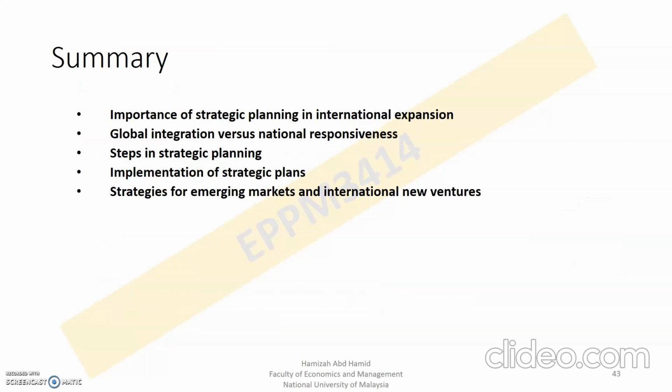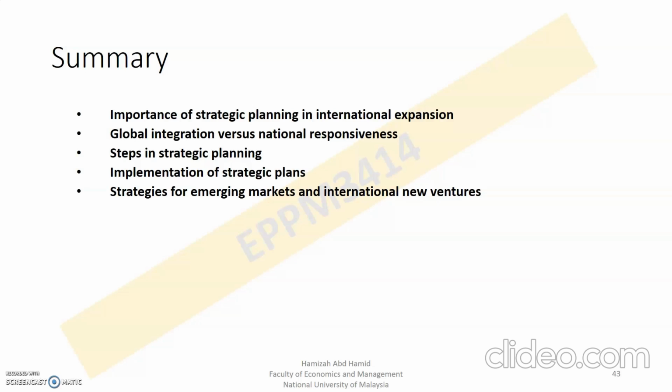So, in summary, we have discussed the importance of strategic planning in international expansion. We have to remember, strategic planning does not guarantee profitability, but it provides firms with direction. We also discussed global integration and national responsiveness. Between these two spectrums, there are 4 main strategies.